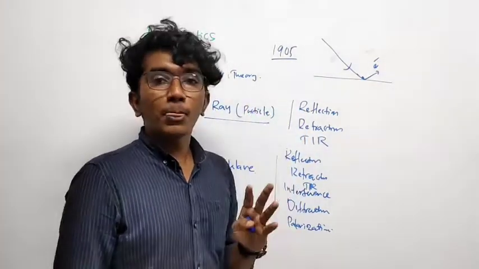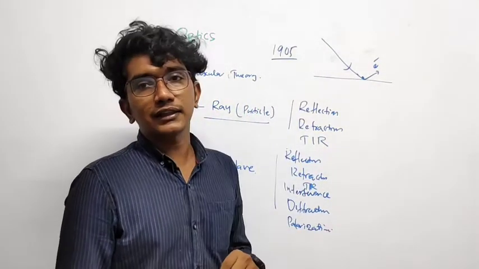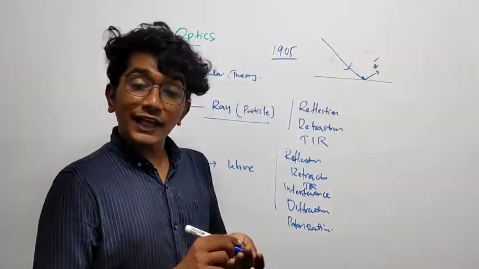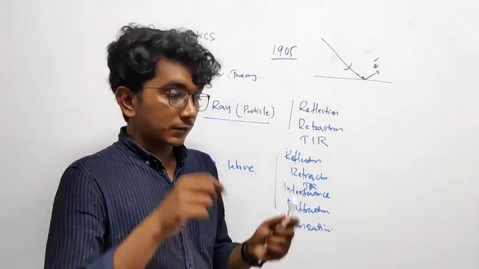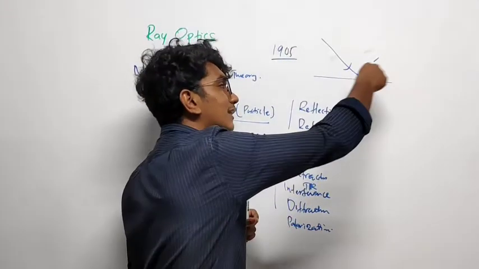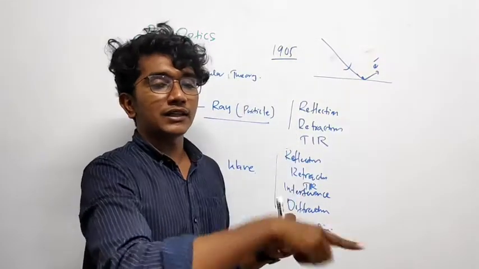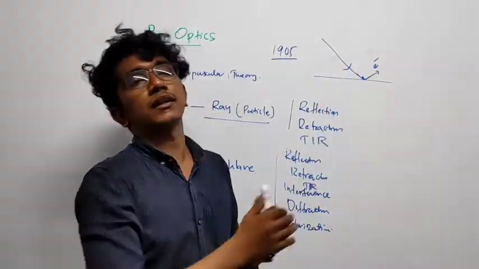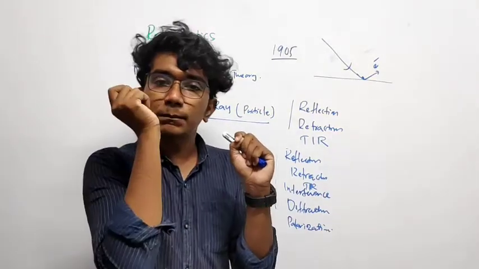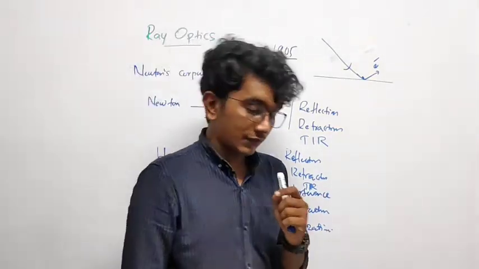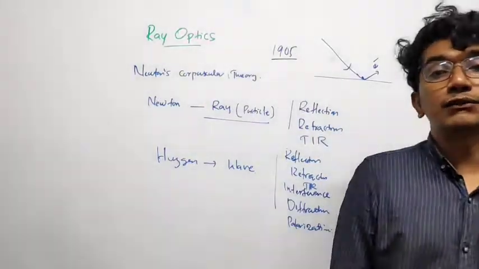According to Einstein, light can show the photoelectric effect. Look at this: a momentum is actually ejecting one electron. Momentum we have studied in class 11. Only a particle can do this, not a wave. So then again a confusion.